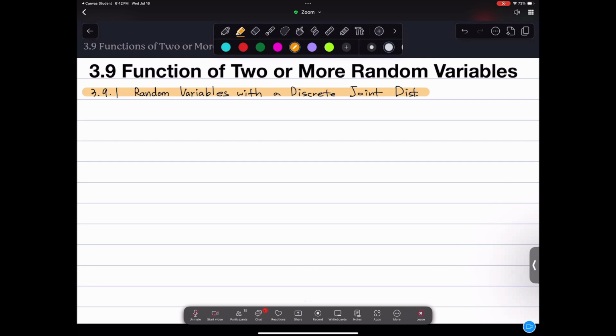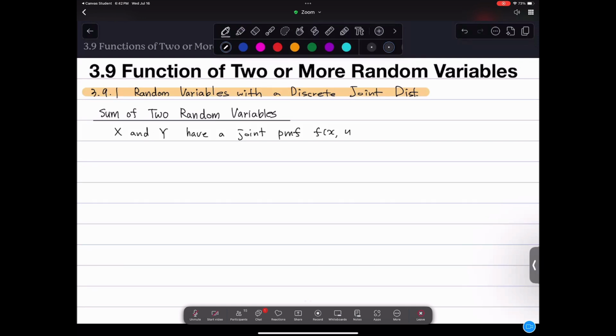Let me at least write them down and go from there. So let's say something simple, the sum of just two random variables. So let's start with something simple. We have X and Y, and they have a joint PMF. So that's my f of x and y together.